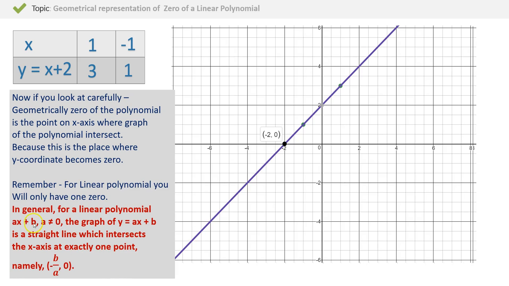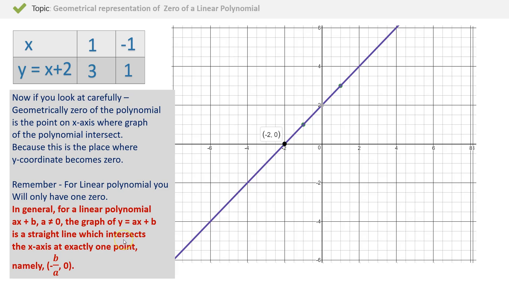So in general, what can you do? In general, for a linear polynomial, what is a linear polynomial? It is of the form ax plus b, where a should not be 0, b can be any value. The graph of y equal to ax plus b is a straight line, which we have seen already.